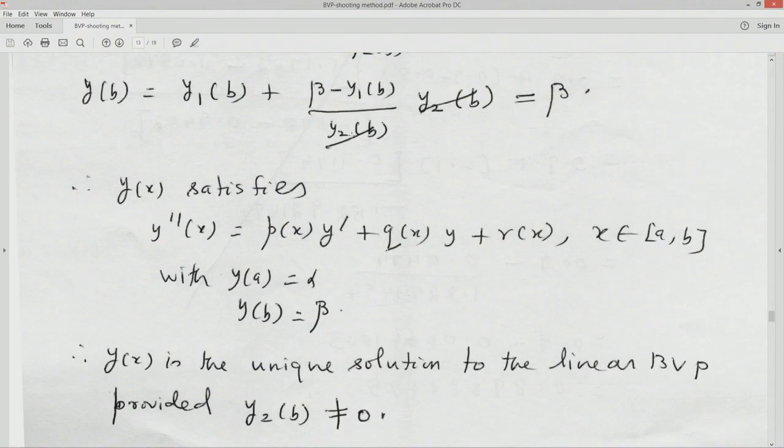And one thing that you must note here is that we must have y2 at b to be different from 0. Then in that case, if the conditions in the theorem are satisfied for p of x and q of x, then y of x equal to y1 of x plus k into y2 of x will be a unique solution of the linear boundary value problem with Dirichlet boundary conditions y of a equal to alpha and y at b equal to beta.